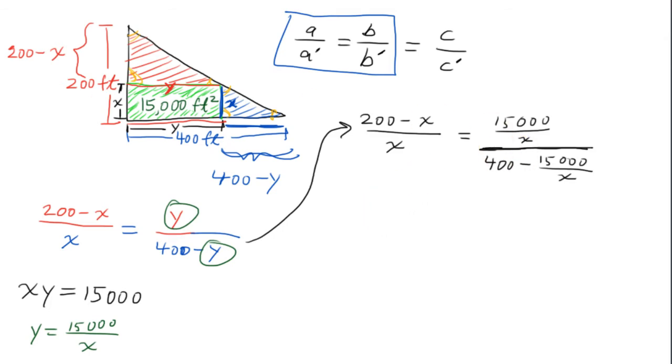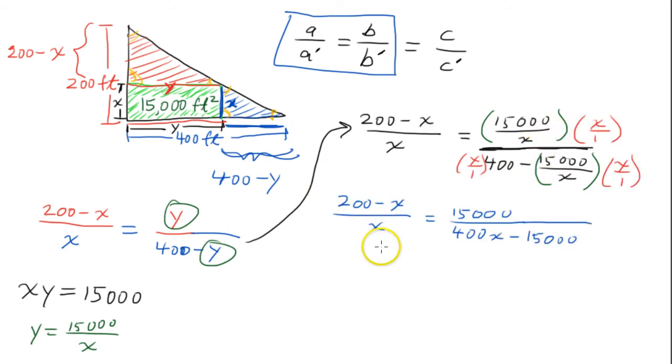Notice that I have substituted 15,000 over x every time I saw a y in this master equation. Now we can run through and multiply everything in this large complex fraction by x, and that's just going to clear out some of the fractions within this fraction. And at this point, what I'm going to do is then cross multiply.